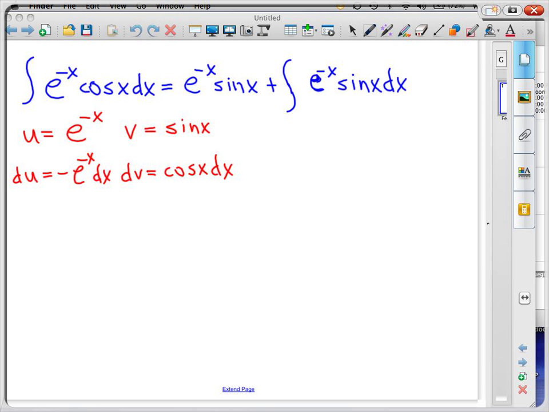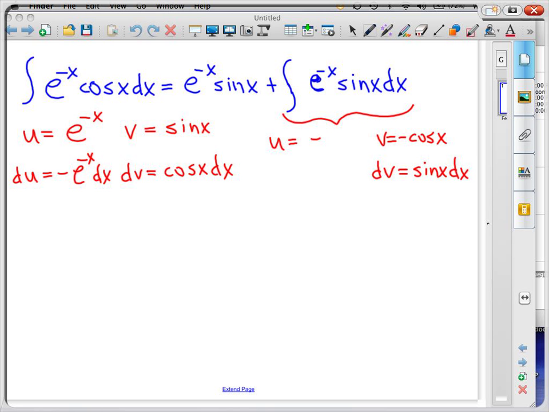And so now I'm looking at this integral right here. And of course, it looks like I need integration by parts again. I have my u and my dv, and I'm going to make my dv sine of x dx, and making my v negative cosine x.